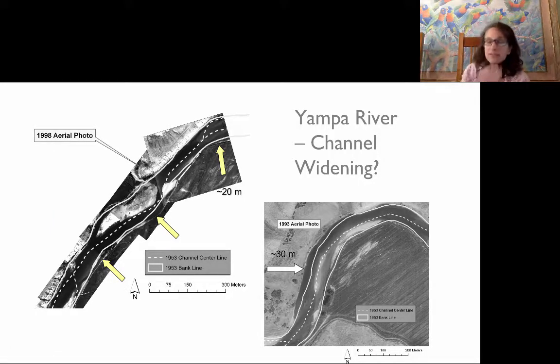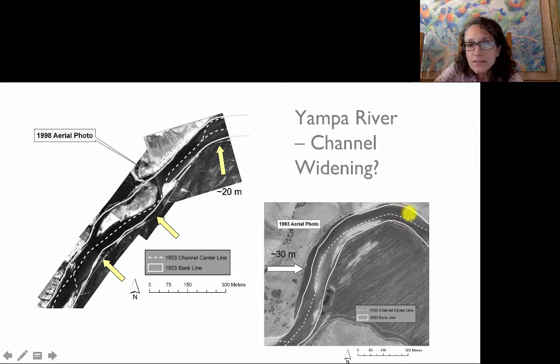We did some measuring with aerial photos, and over here we have the 1998 aerial photo, and the lines are the 1953 bank line. You can see there's about 20 meters of movement here, 20 meters here, and about 20 meters there. The northwest side of the river over here is up against a bluff, and it does not move very easily.